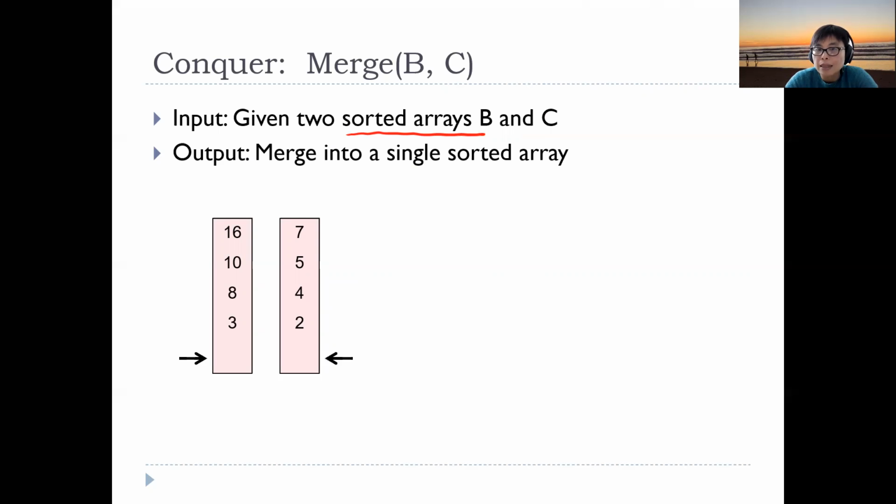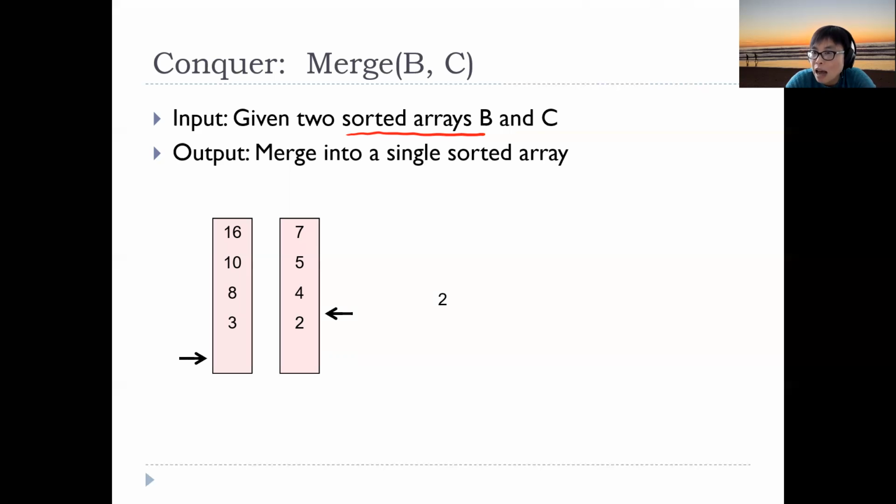Well, that one has to be the smaller of the smallest numbers in each of the individual arrays. In other words, the smallest number of the entire merged array has to be the smaller of 2 and 3, because each of them is the smallest in their individual array. So the first number we're going to have, in this case, 2 is smaller than 3. So the first number is 2.